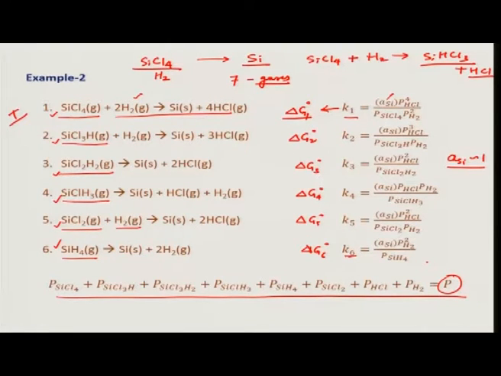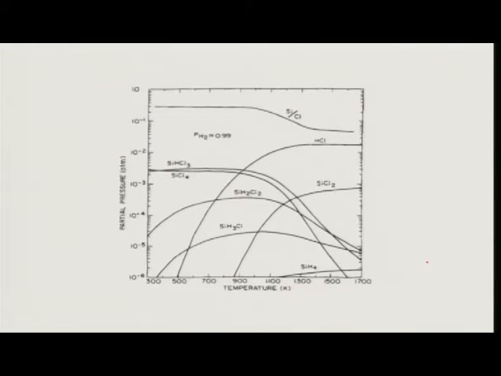Now, in the next figure, let us look at the implication of these calculations. The first thing to notice is that our partial pressure of hydrogen is very high. P is equal to 1 atmosphere. Almost all the pressure inside the chamber is hydrogen, and my reaction is described in that way.